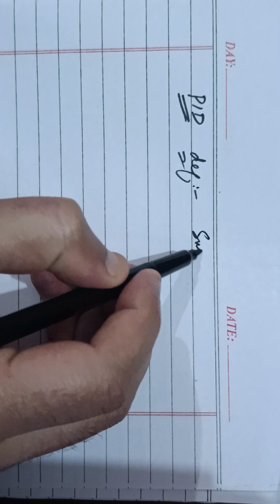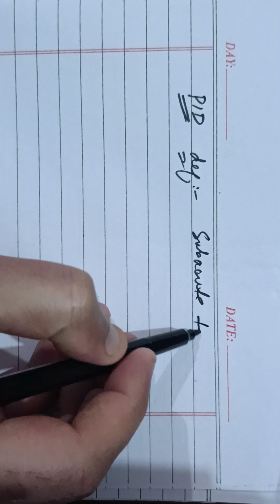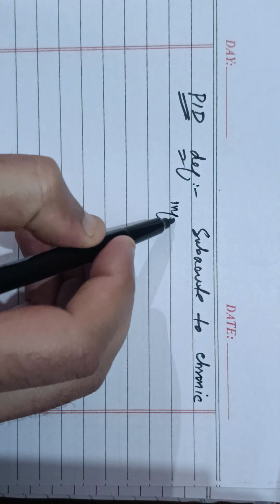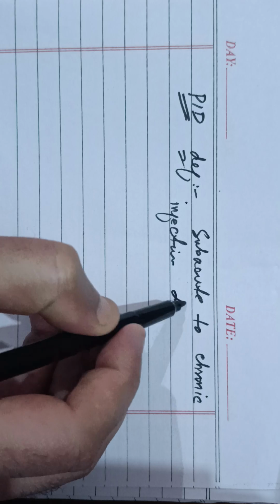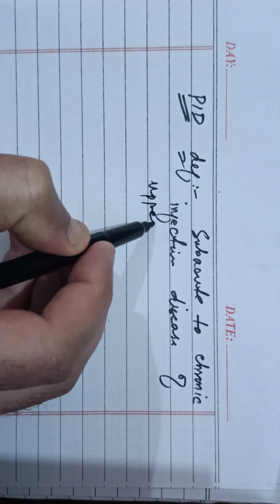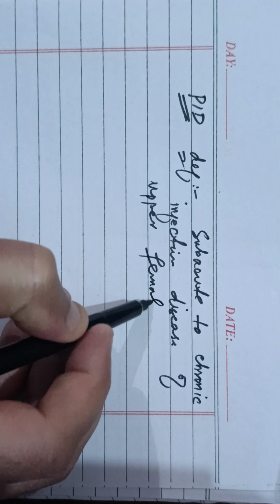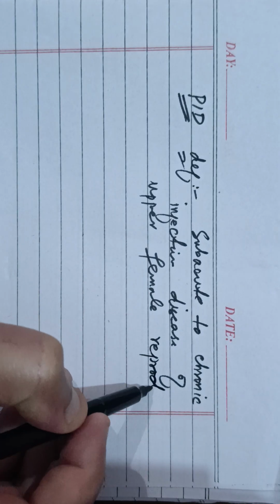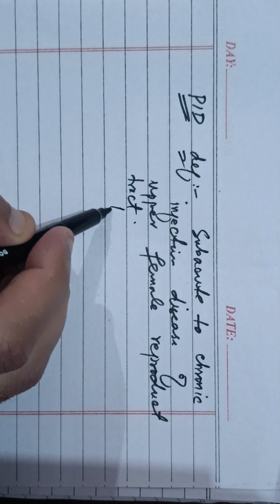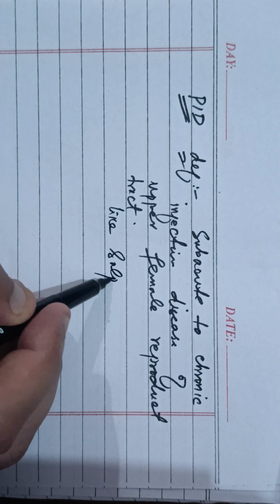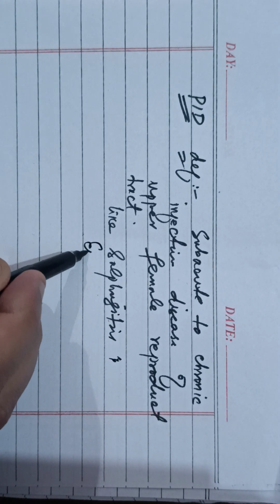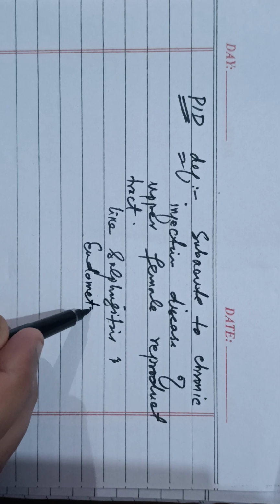It is a subacute to chronic infectious disease of the upper female reproductive tract, like salpingitis and endometritis most commonly.